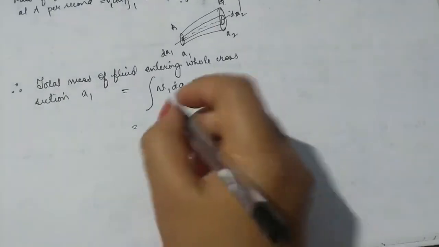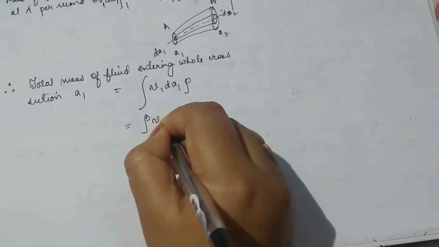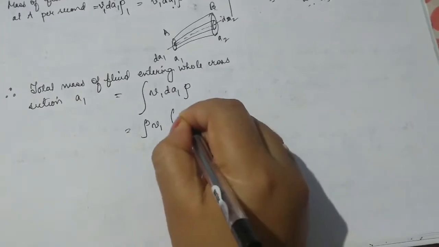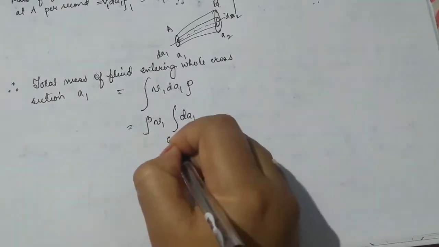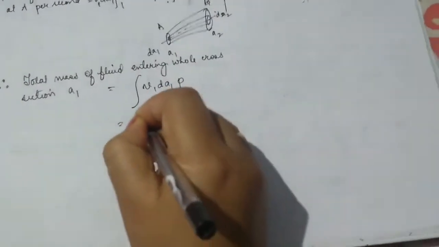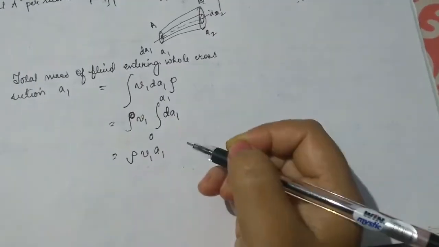So rho is a constant, it is not going to change, and V1 I am taking out, so it is the integral of dA1. It will go from 0 to A1, so it is simply rho V1 A1.